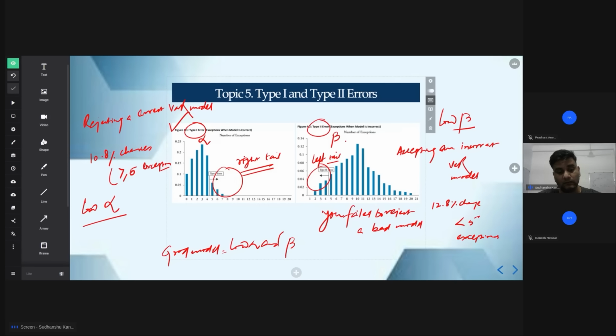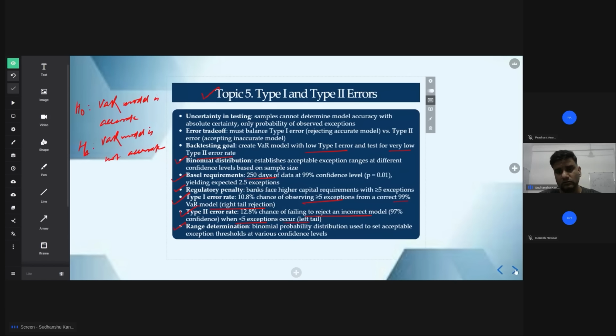Have an idea about your type 1 and type 2 error, because this creates a lot of confusion. You have to have an understanding here. You want low alpha and low beta. Here I can also add one small thing. Even though it is given, this also creates confusion.